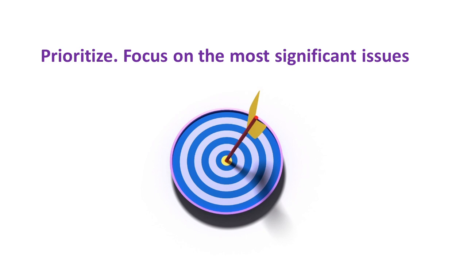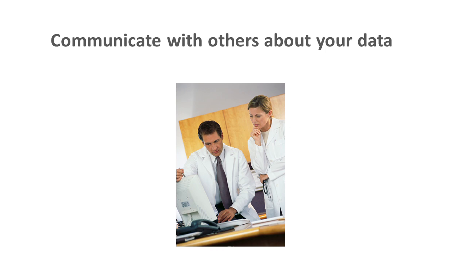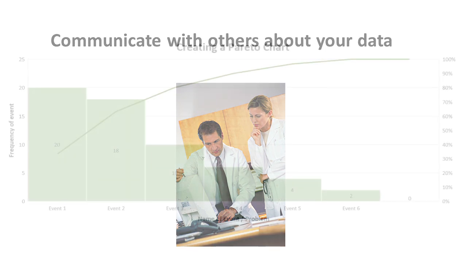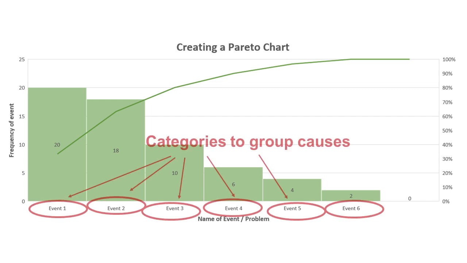A Pareto chart visually highlights the most common source of defects or problems among a typically long list of issues. These charts are also a very clear visual tool to communicate your data and findings with others. Now let us go over some key steps in creating a Pareto chart.